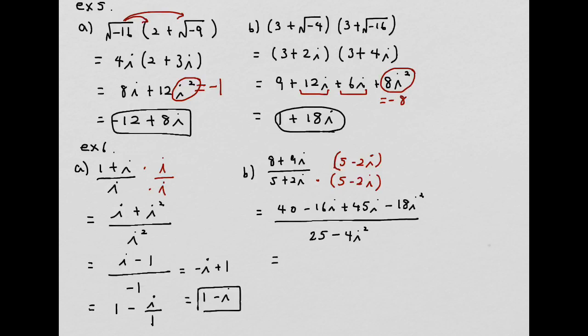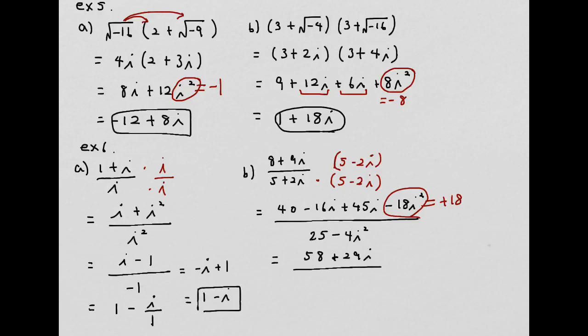And when you combine the like terms, we know this is plus 18 to 40, so you get 58, and then 16i is negative, and plus 45i, you get plus 29i.